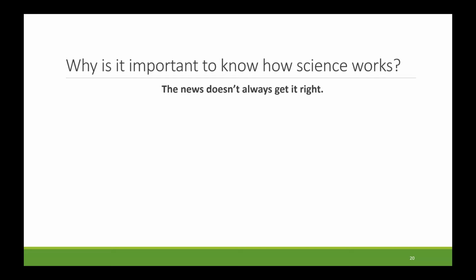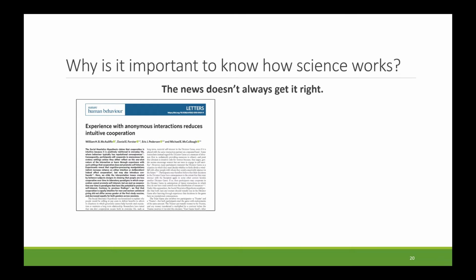And sometimes this is because journalists don't really understand the research. And sometimes, unfortunately, it's because the research doesn't make for a very exciting headline. And so to grab more eyes, they stretch the truth. But whatever the case, it's important that you have the tools to understand when the truth is being communicated correctly or is being misrepresented. And I'll give you one example.